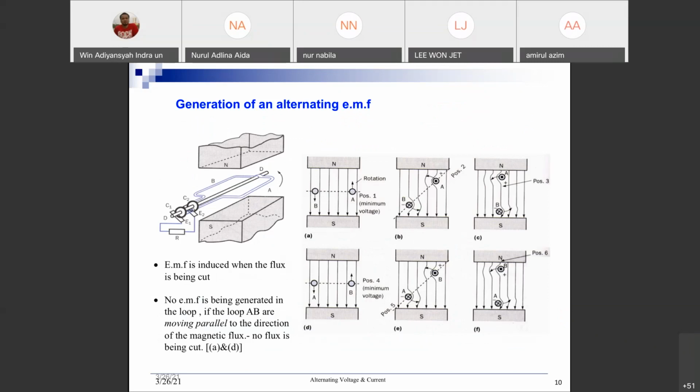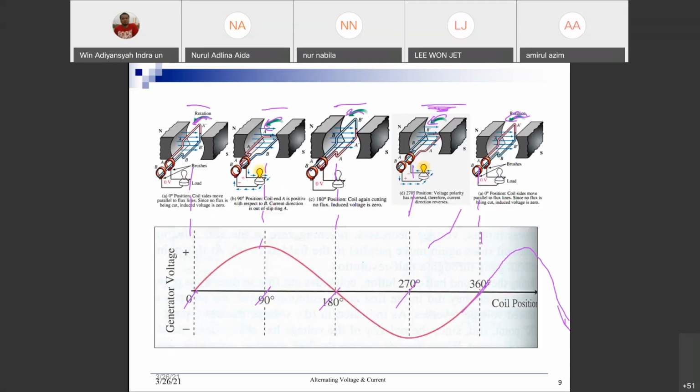This is the minimum position, this one and this one. This is the maximum position. Minimum is this one. This is maximum. Minimum is this one.